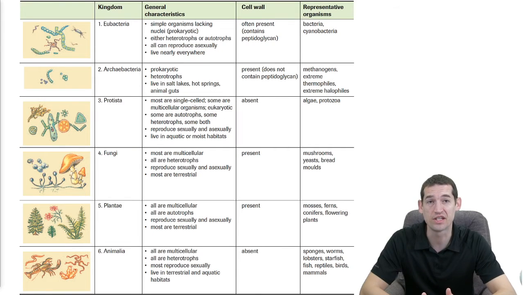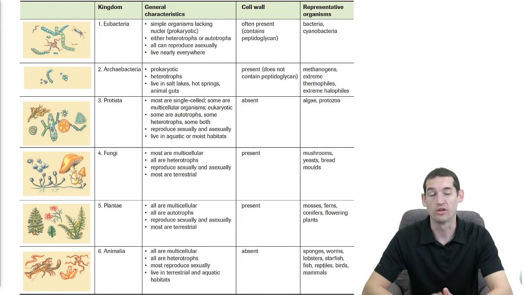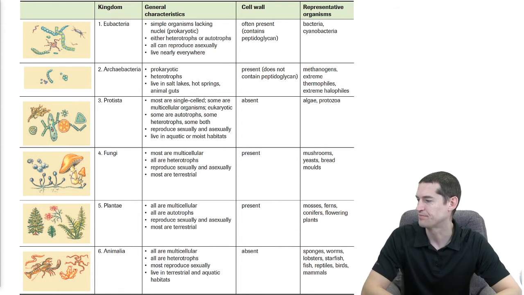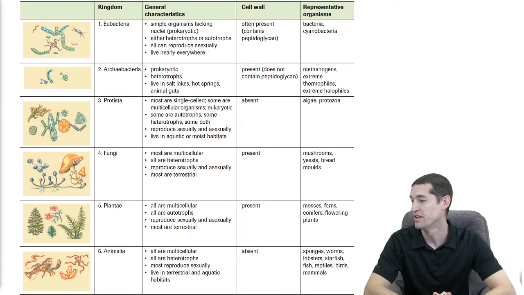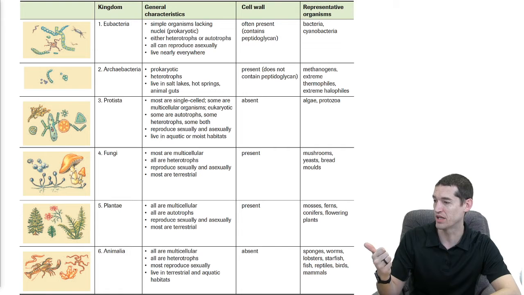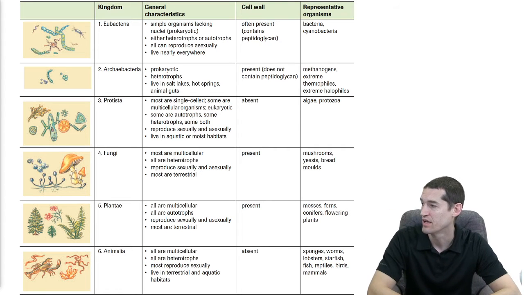Now, I mentioned the 6 kingdoms, and these are the 6 kingdoms. You need to make sure that you know the 6 kingdoms and how they work, or at least generally what they're like. Now, these bottom ones are probably the ones that we're most familiar with. So Kingdom Animalia, Kingdom Plantae, Kingdom Fungi. The top 3 are probably the ones you're least familiar with.